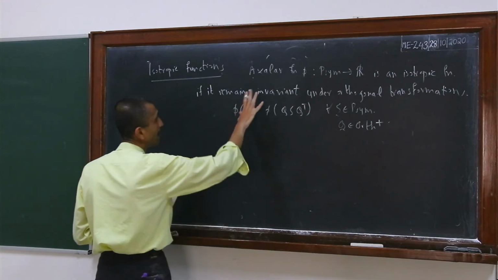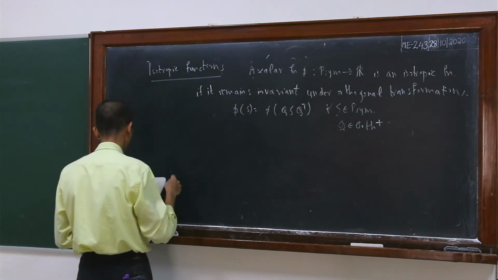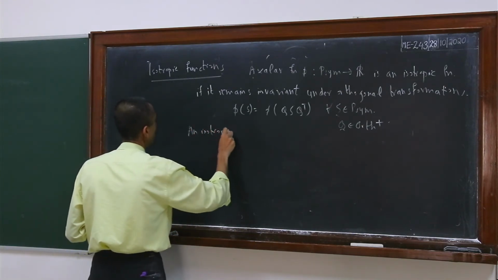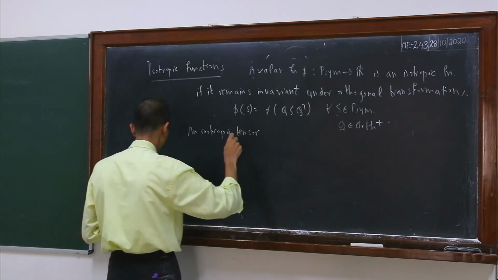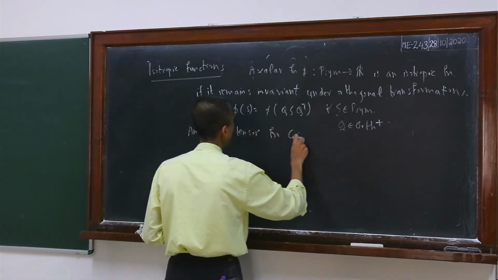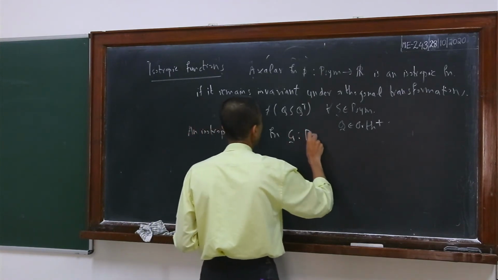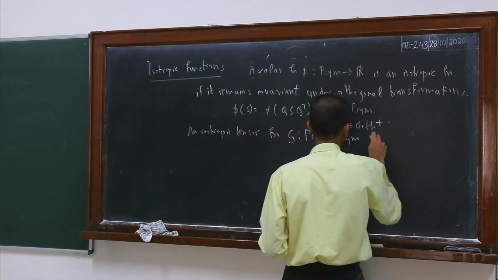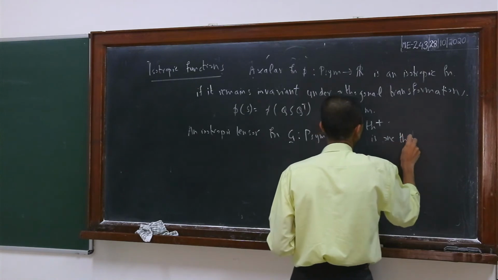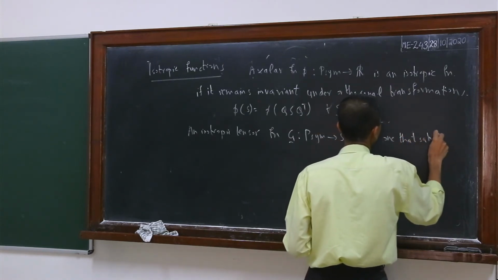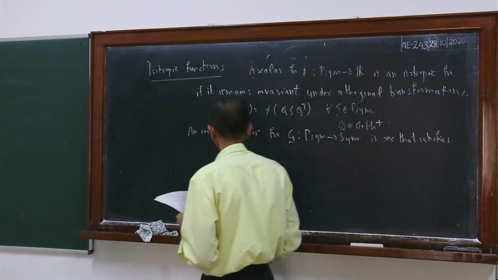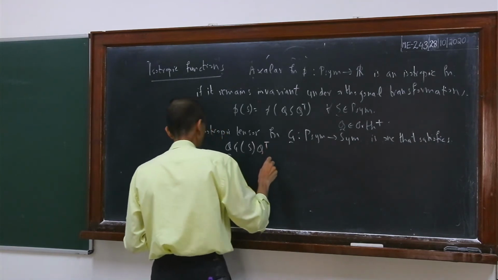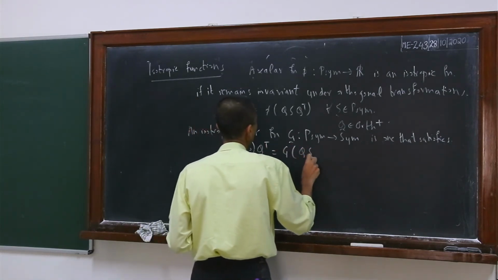so this is for a scalar valued function, and similarly for an isotropic tensor valued function. So an isotropic tensor valued function G, which maps from P sym to Sym, is one that satisfies Q times G of S times Q transpose is equal to G of Q S Q transpose.